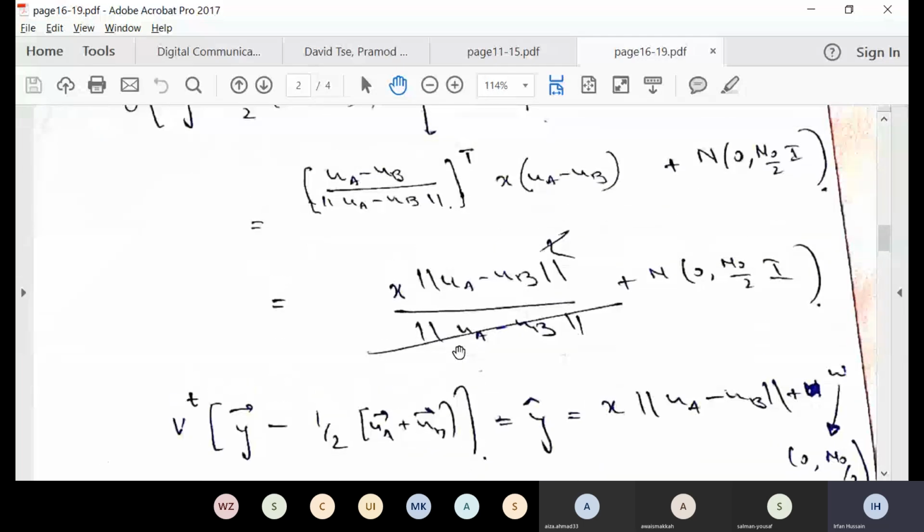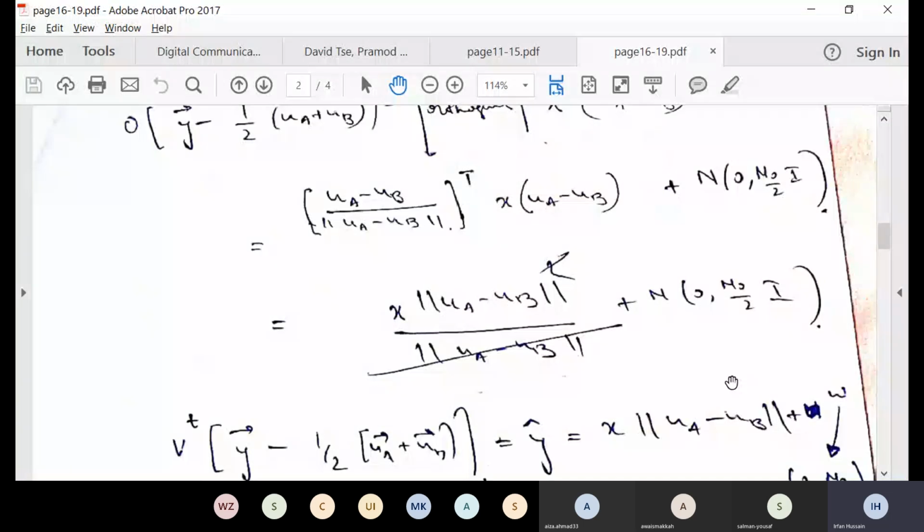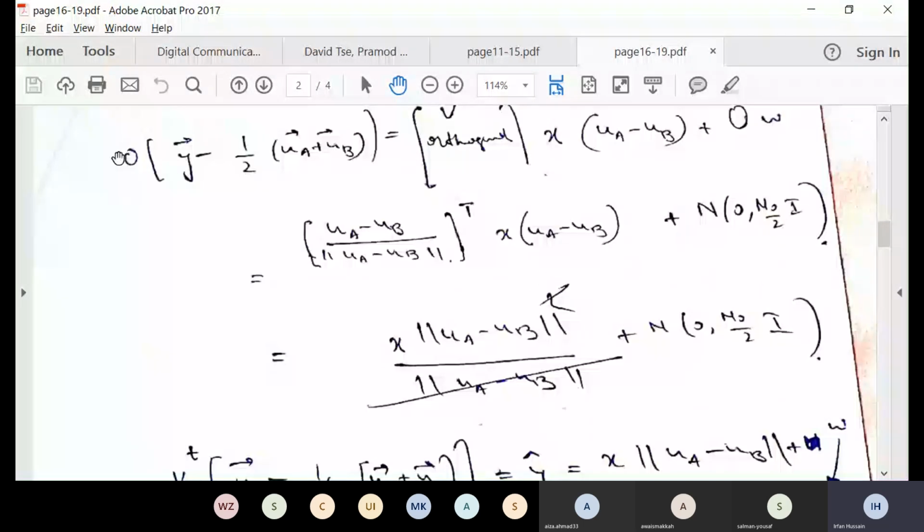The rest of the bases are not important. We are just concerned with the first basis, so we just want its statistic. Here also we have a matrix, but we just want the first one where V is multiplied with this. So we take out the first entry: V transpose into this vector. All others are not important. Then I take the first entry from here, which will be W0 with variance sigma squared by 2.